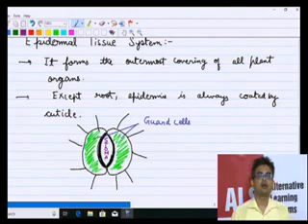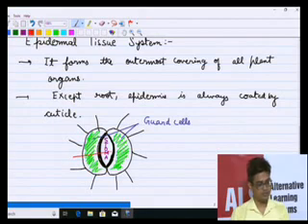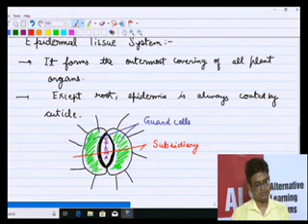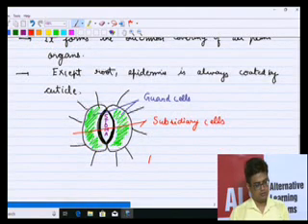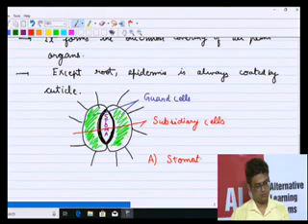Plural is stomata. These cells that are present here, these are called subsidiary cells. Subsidiary cells. So what is stomata? This is stomata of dicots.